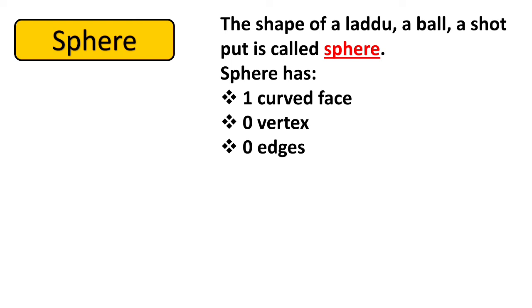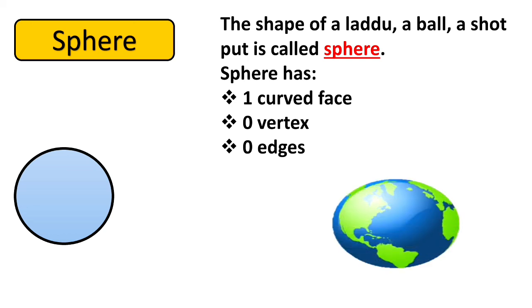It means zero vertices and zero edges. It means the sphere has only one curved face. Vertices will be 0 and edges will be 0. Like a globe. A globe is also the shape of a sphere.